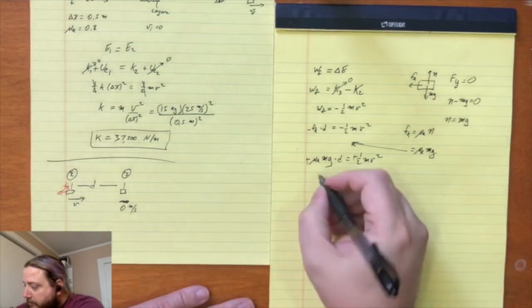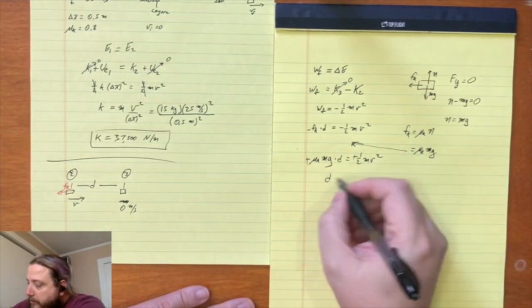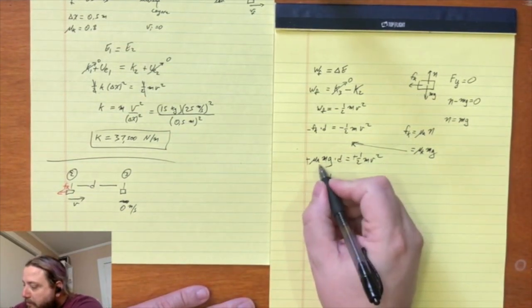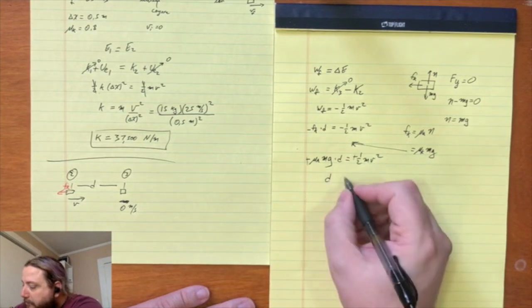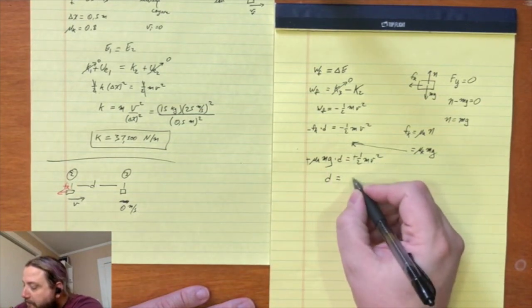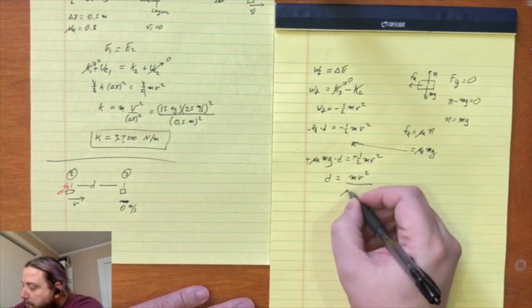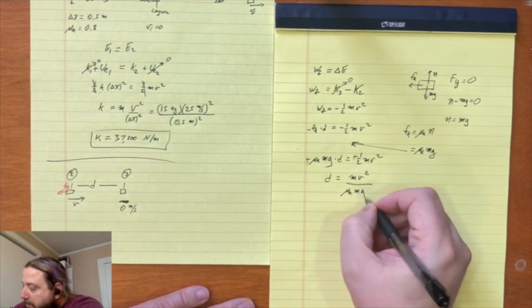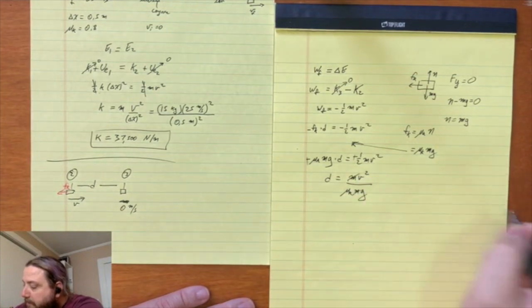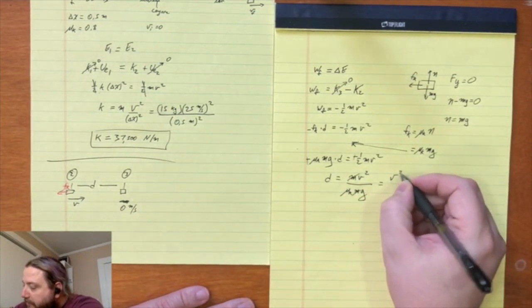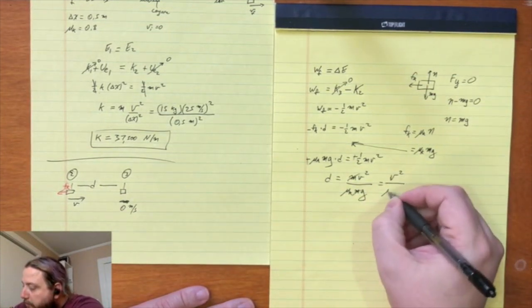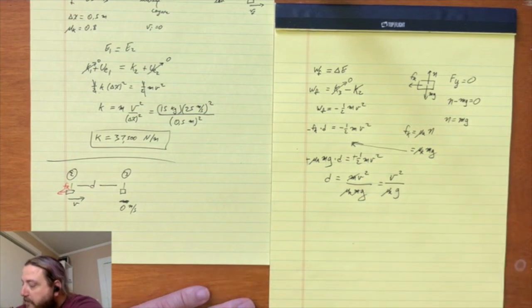The minus signs go away. We can pull the mu k and mg over to the right here. So distance is mv squared over mu k mg. We can even cancel the masses. So that's v squared over mu k times g.